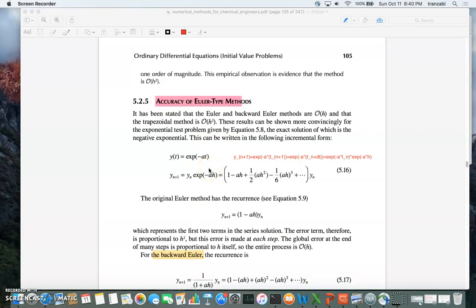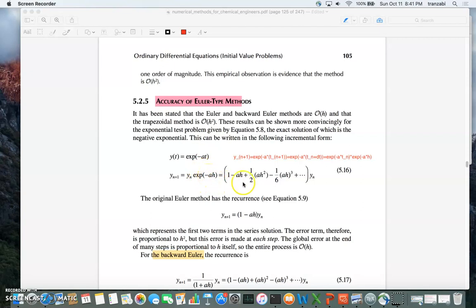Okay, so now we're going to expand this exponential using Taylor series. You can look it up on the internet or any mathematical handbook you have. The Taylor series is going to be 1 minus ah plus 1/2 ah squared minus 1 over 6 ah cubed and the rest of it. Okay, so the parentheses here is the Taylor series expansion of the exponential.